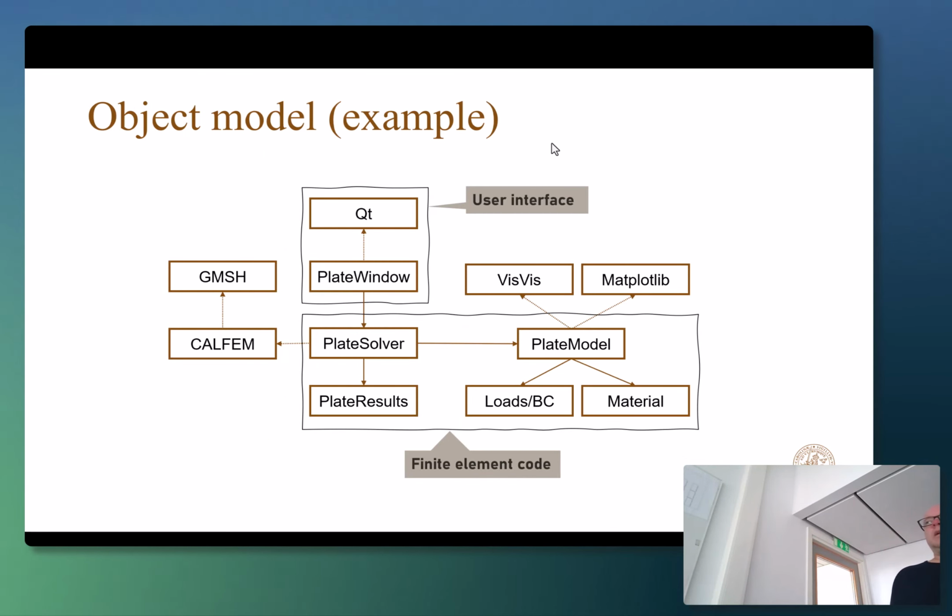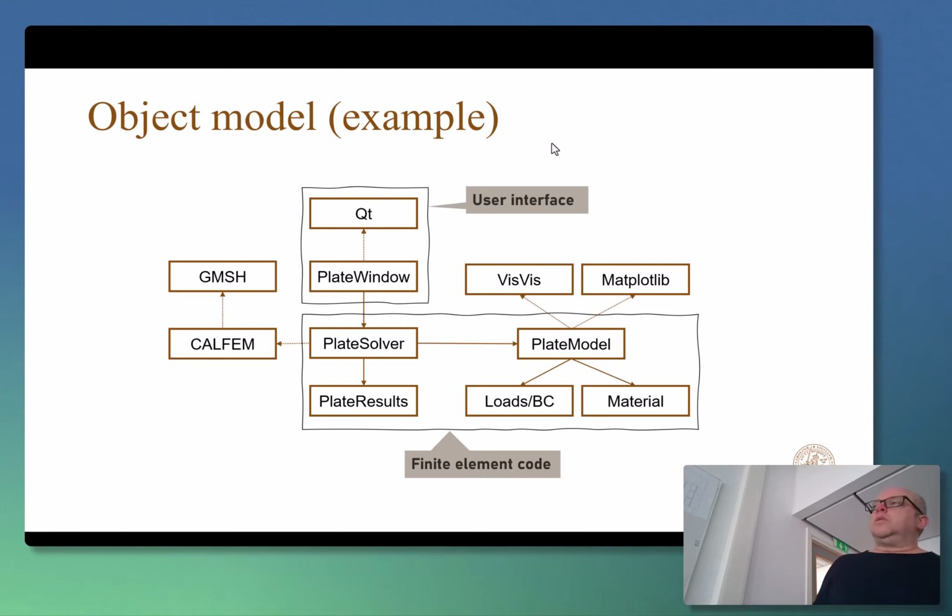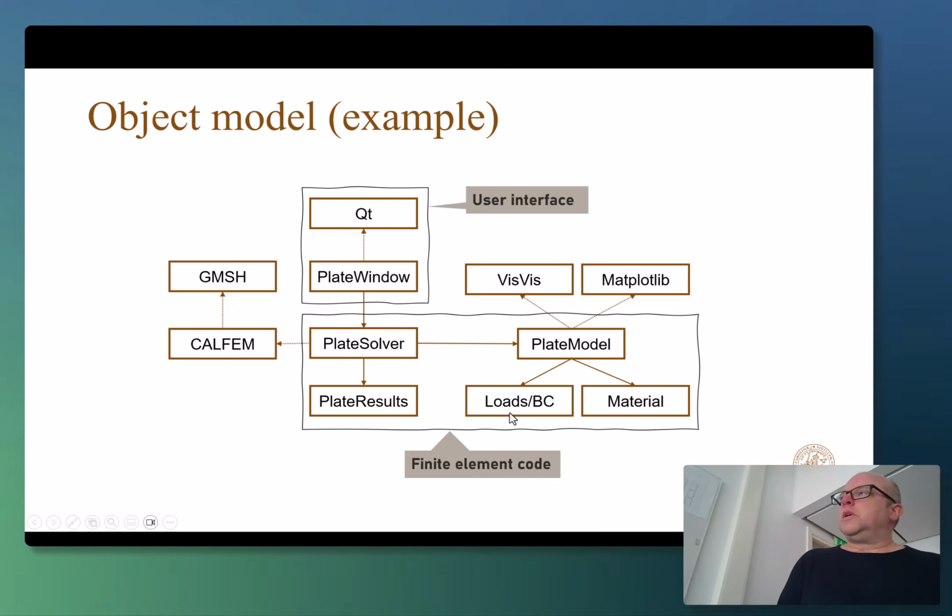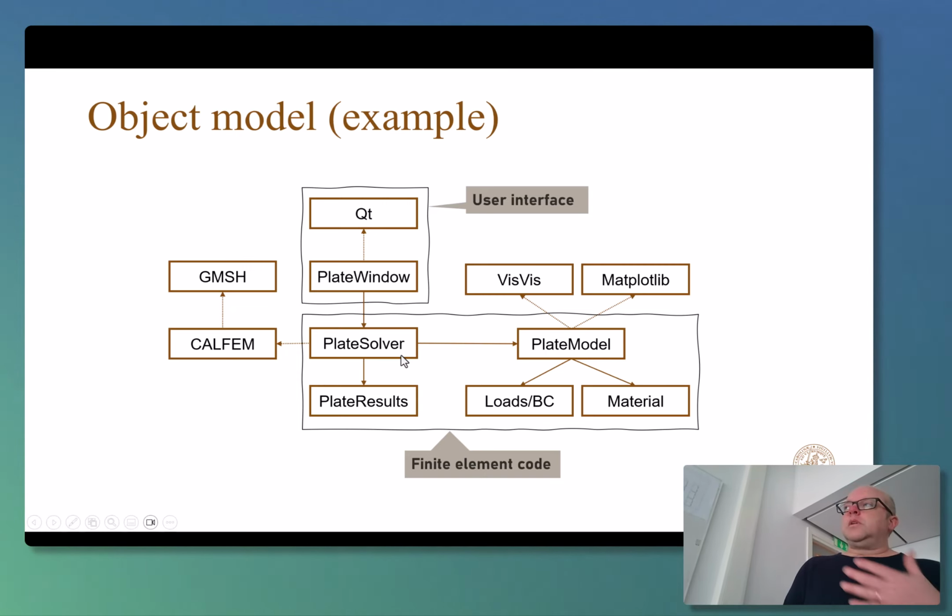In code, it can look something like this. The things that we are going to implement ourselves are, this is the plane stress here. We have a plate solver, we have the plate results classes, we have the model containing the computational model, we have loads and boundary conditions, materials, and then we rely on external libraries.